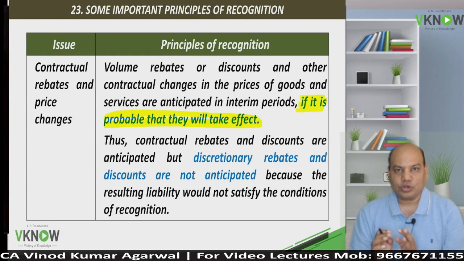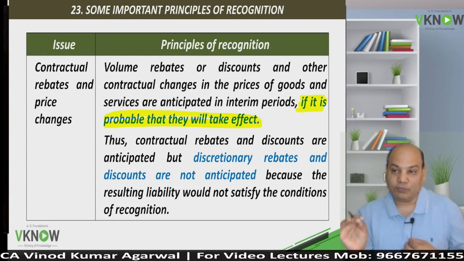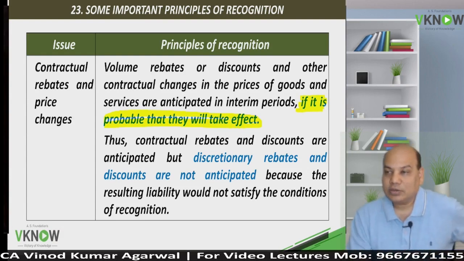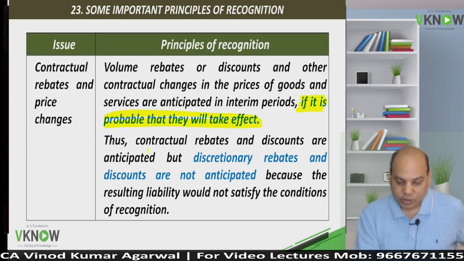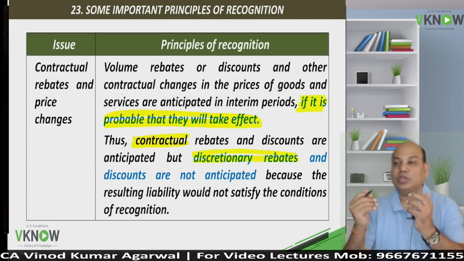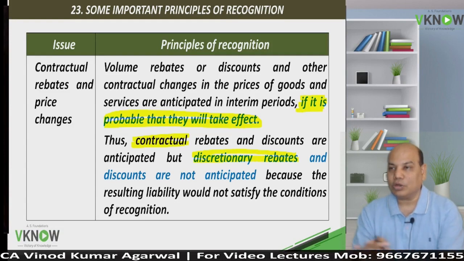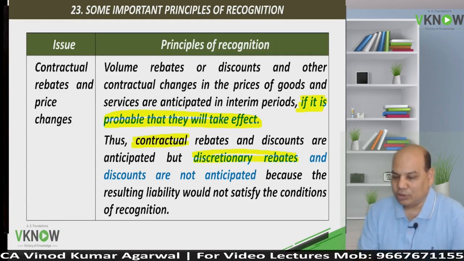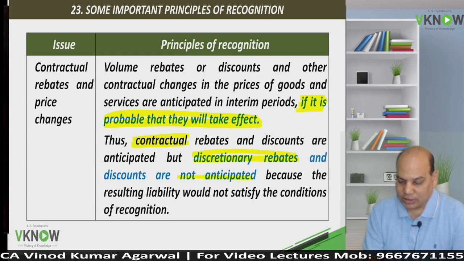So in case you are sure that this customer will be able to achieve the target, then the company should make provision for bonus. But it should be contractual. There must be a contract between the supplier and the customer. If it is discretionary rebate, discretionary means at the discretion of the company, they may not. There is no legal or contractual binding obligation. Then they are not anticipated.